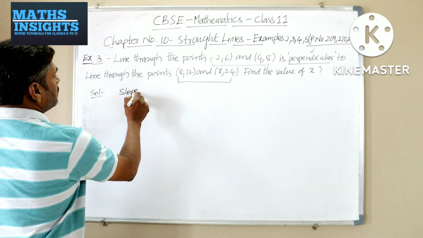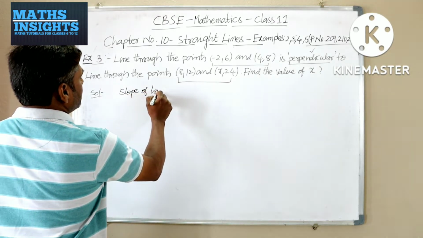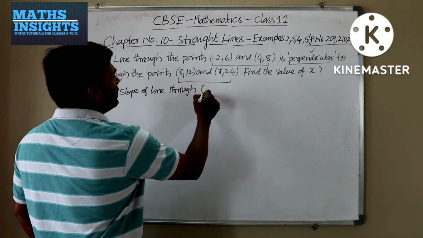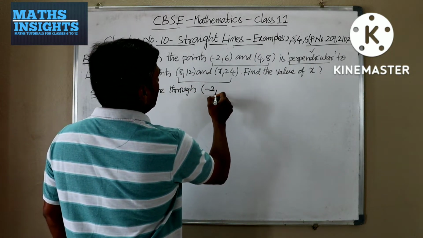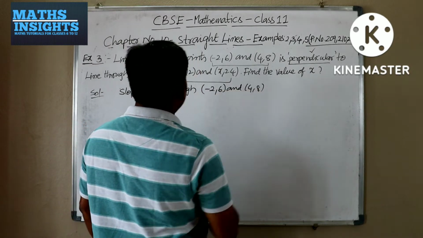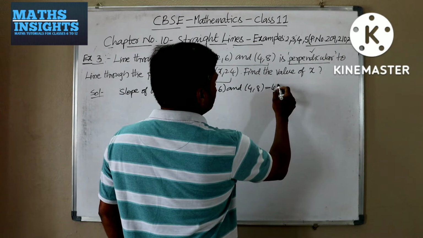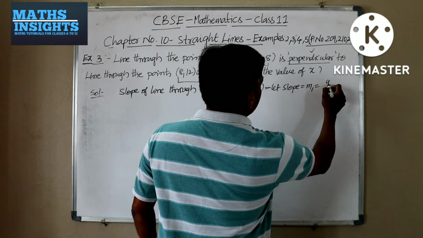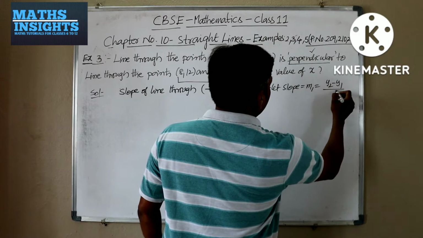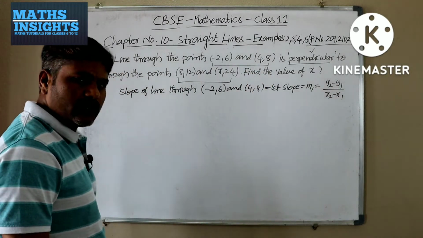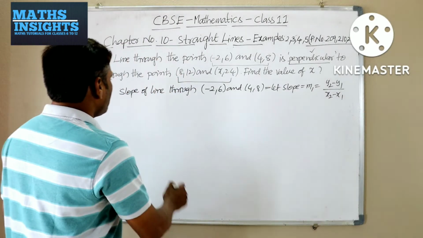Slope of the line through, what are the points the first line is going through? Minus 2 comma 6 and 4 comma 8. Let the slope m1 be equal to y2 minus y1 by x2 minus x1. All of you know the formula, difference of y coordinates by difference of x coordinates.